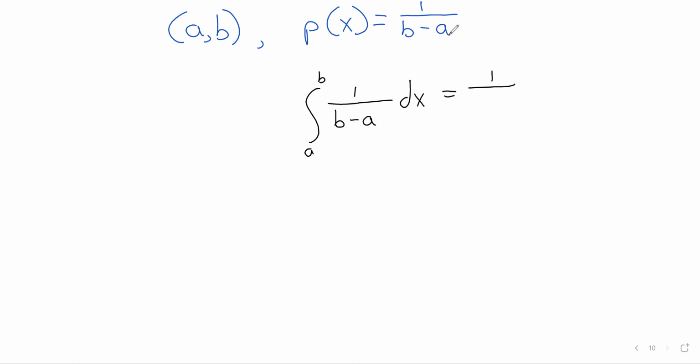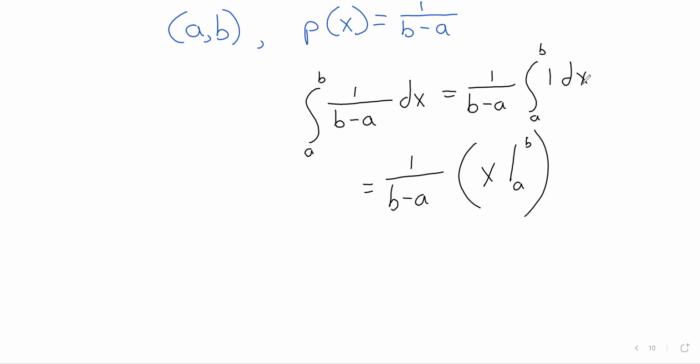Because that 1 over B minus A is a constant, it can just pull right out of this integral. The antiderivative of 1 is x.